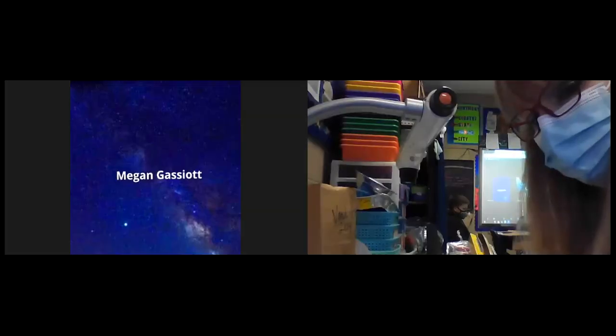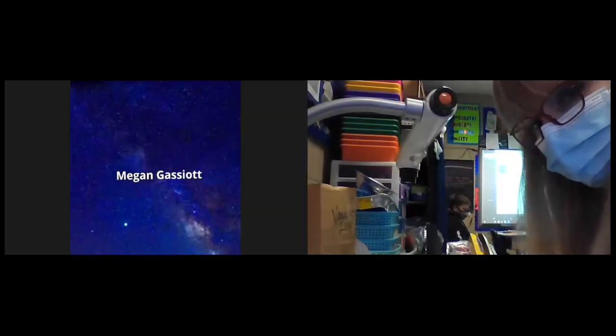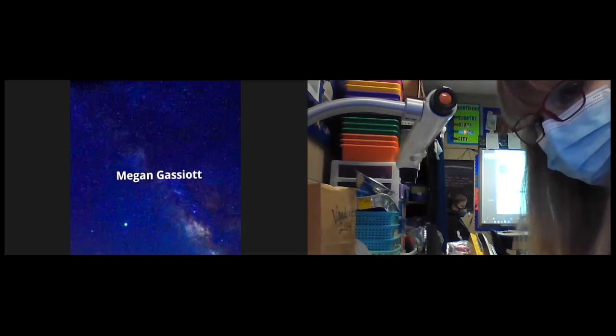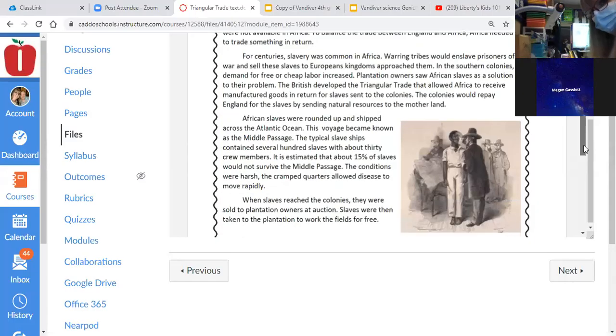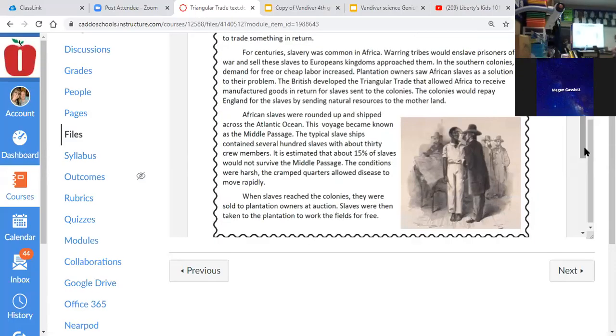Okay, so let's go back to the article. Okay, bless you. So the colonies would repay England for the slaves by sending natural resources to the motherland. In other words, back to England. African slaves were rounded up and shipped across the Atlantic Ocean.